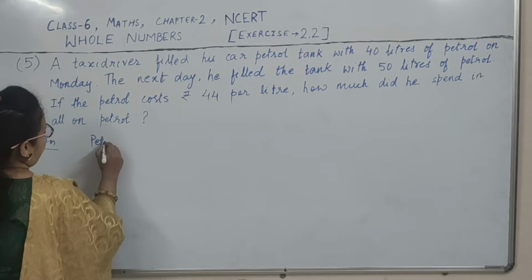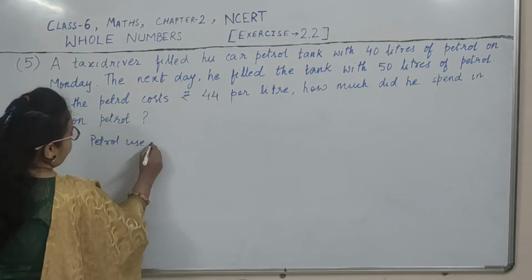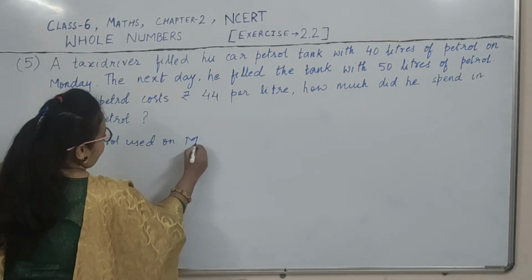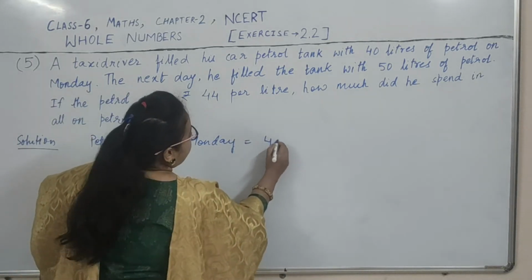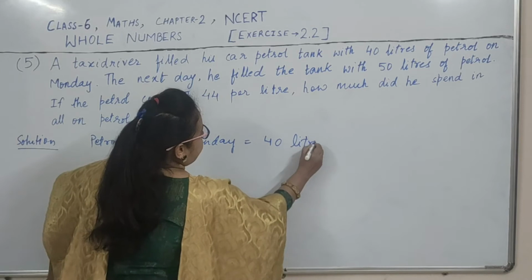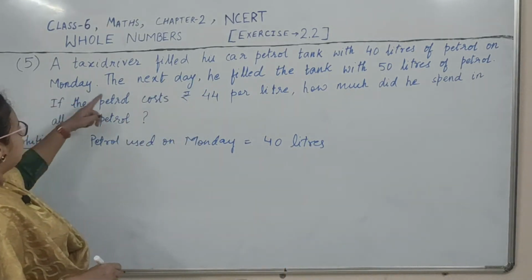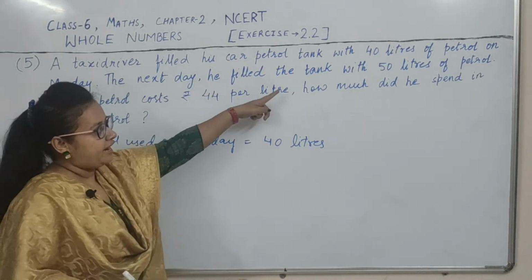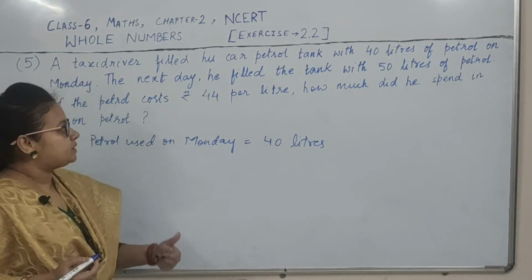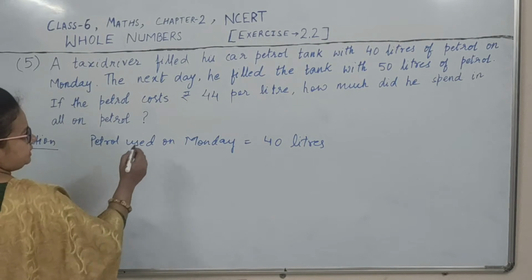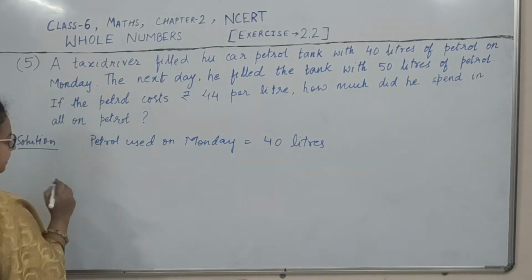Petrol used on Monday is equal to how much? 40 liters. Okay. And the next day he filled the tank with 50 liters of petrol. The next day means on Tuesday. The next day he filled the tank with 50 liters of petrol.